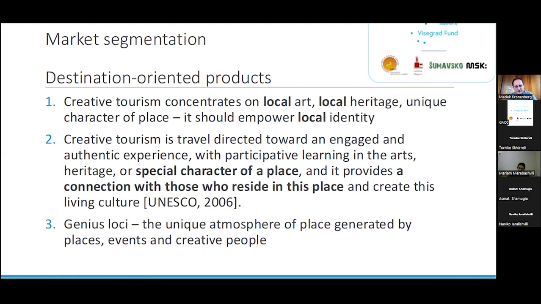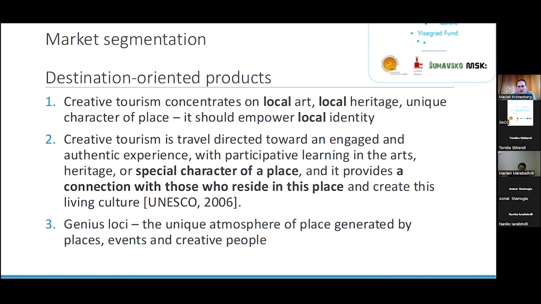So now we have three definitions which are quite similar, definitions or descriptions connected with creative tourism, and each of them has something similar but something extra, which can add something to this description of destination-oriented products and its clients. So in the first point, creative tourism concentrates on local art, local heritage, unique character of the place.